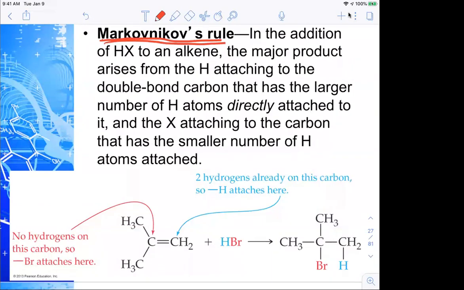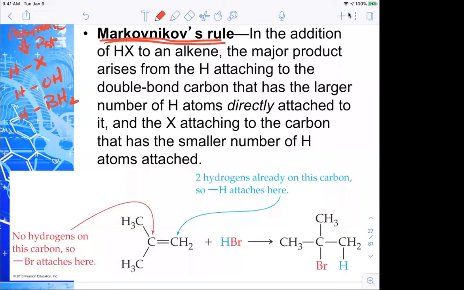So when I have HX, when I have HOH, when I have HBH2, those are asymmetric reagents, and they may or may not follow Markovnikov's rule. This is the time when I have this asymmetric reagent that I have to analyze my stereo or my regiochemistry.